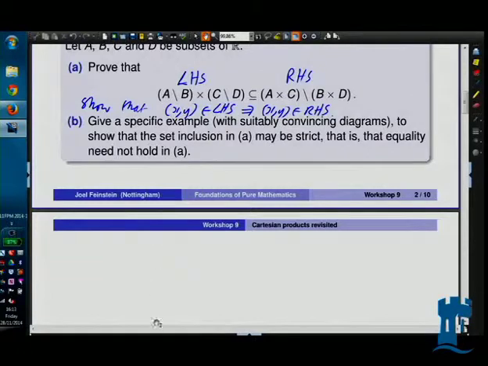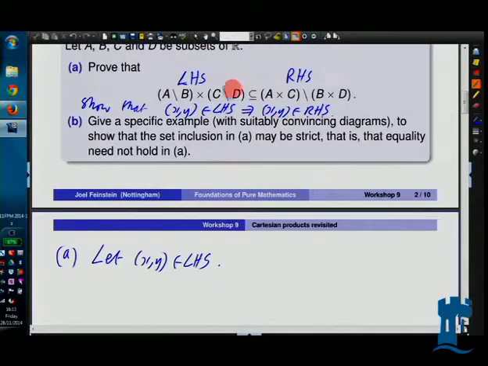And the best way to start to prove that xy in the left-hand side implies xy in the right-hand side is to say let xy be in the left-hand side. Or suppose xy is in the left-hand side. That's the same thing, really. I'll do let. Let xy be on the left-hand side, if there are any, of course. If there aren't any, then it's trivial anyway. Let xy be on the left-hand side.